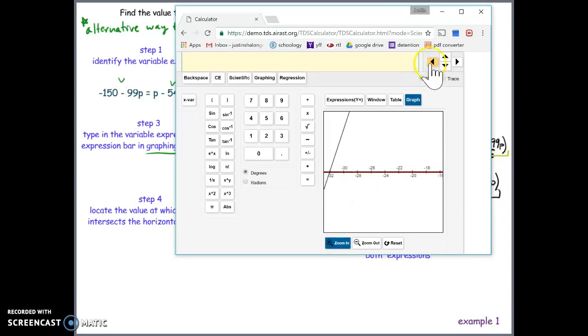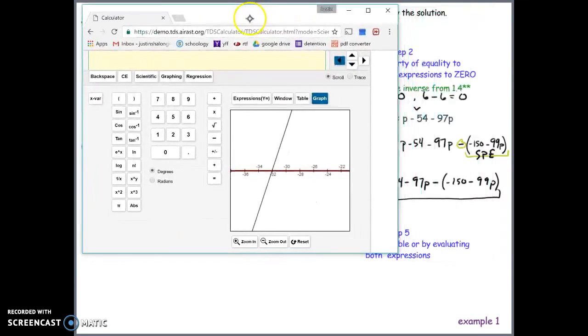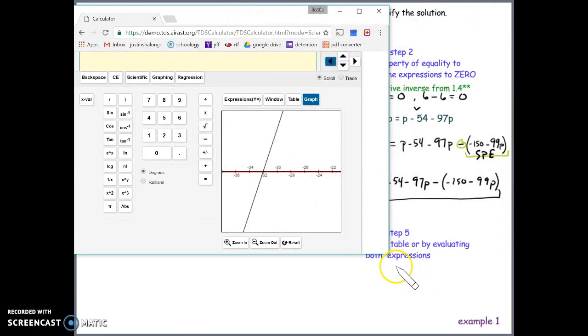So we're getting close. I'm moving over. Okay, now it looks like the line is crossing the horizontal axis at negative 32. So I think that this is my solution, but I'm going to verify it using the table.